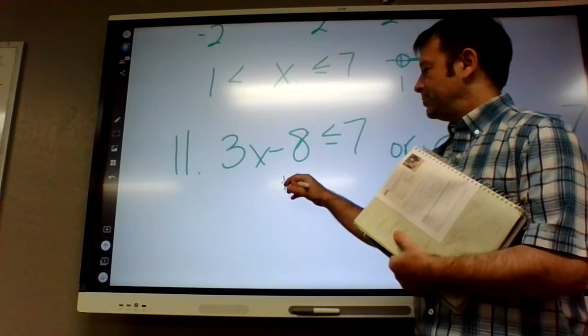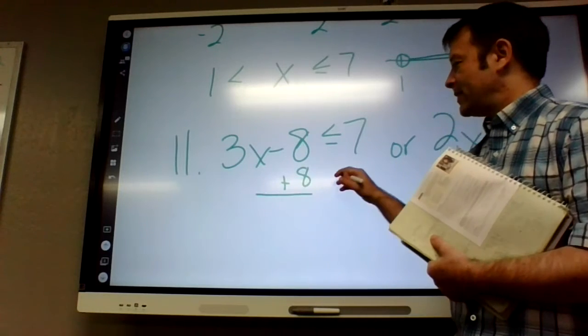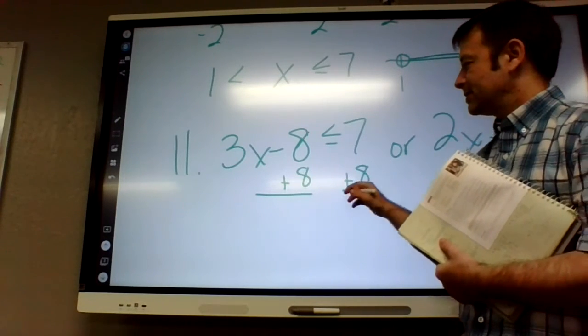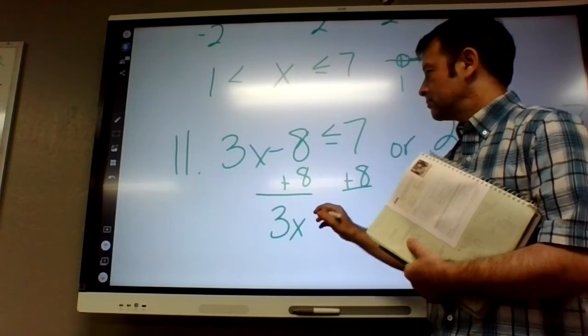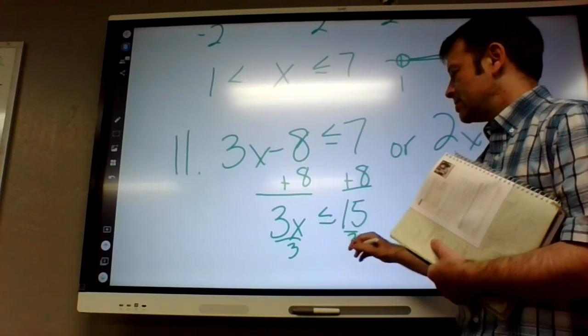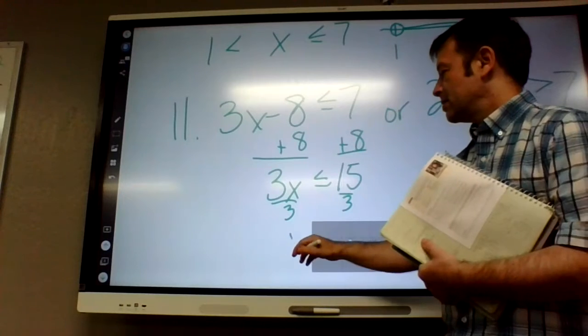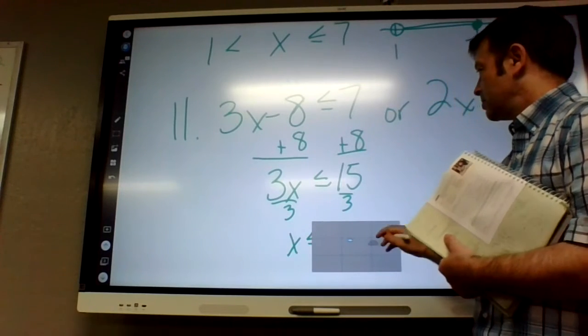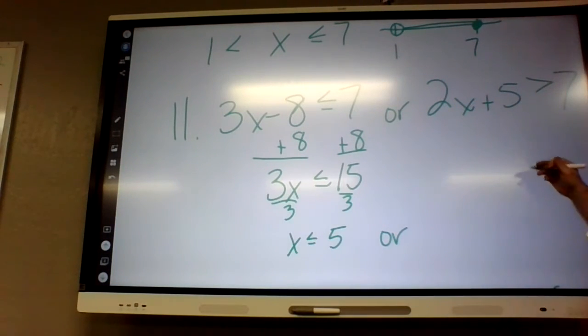So we're just solving 2 things separately. Get x by itself, add 8, divide by 3. Over here we'd subtract 5, divide by 2.